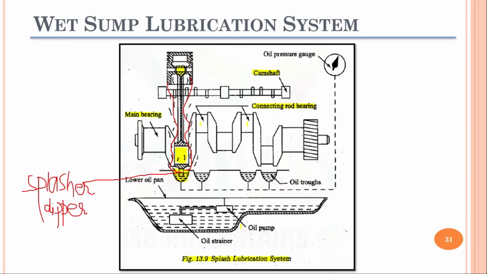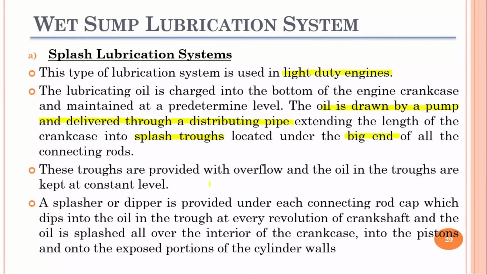Here you can see this is our oil pump, and it is pumping the oil to these oil troughs, maintaining a certain level in them so that effective splashing can occur.